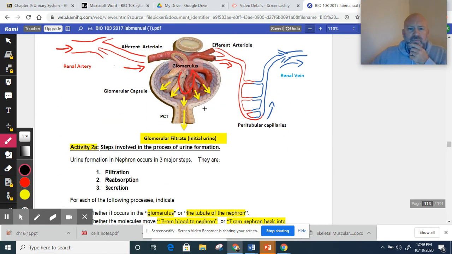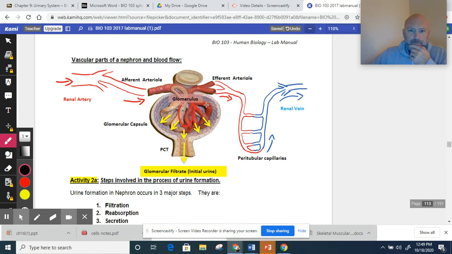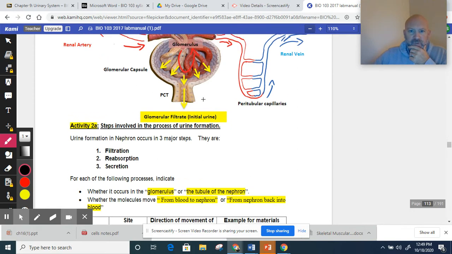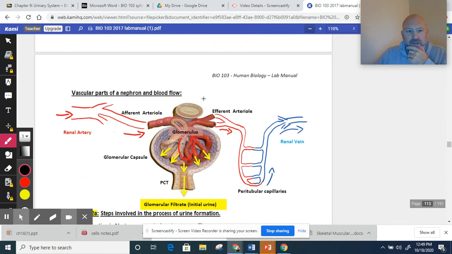All right, so we have three main processes happening. They include filtration, reabsorption, and secretion. I like this picture here. It shows the unfiltered blood entering into the kidney, finding its way into the afferent arteriole, which is going to bring that blood into the glomerulus.